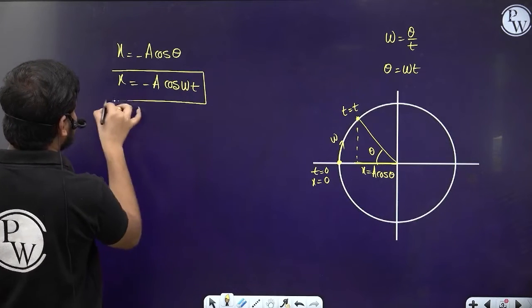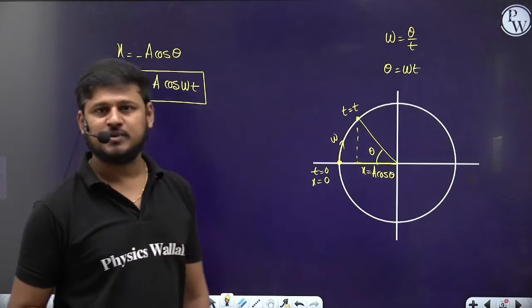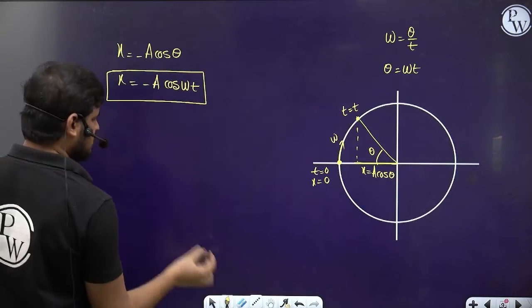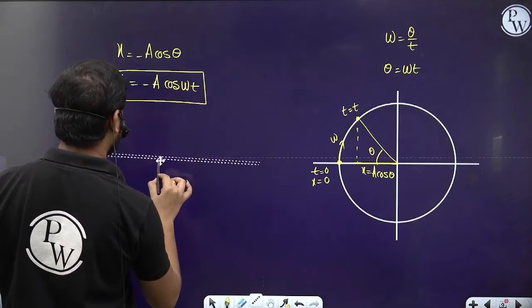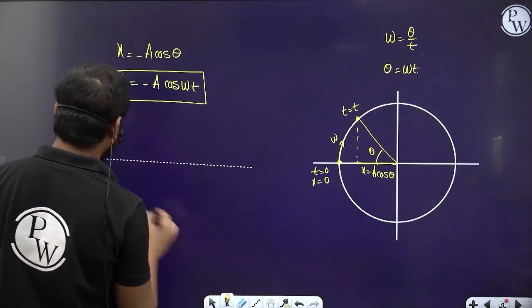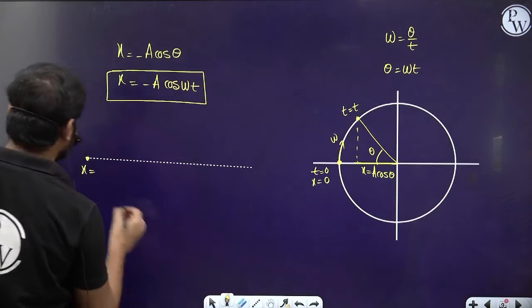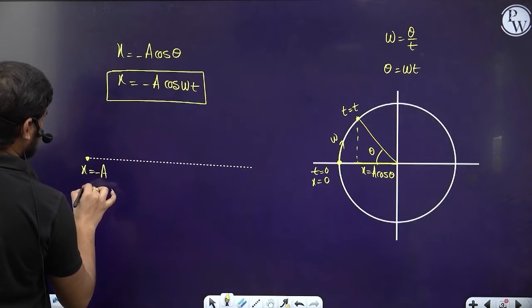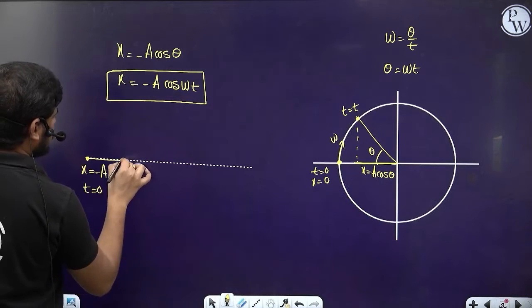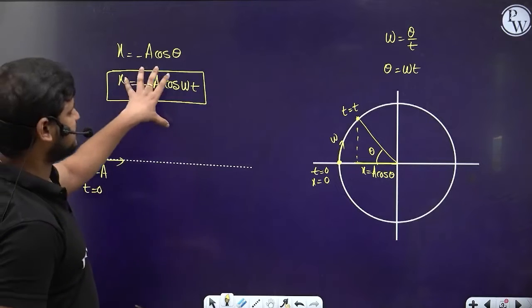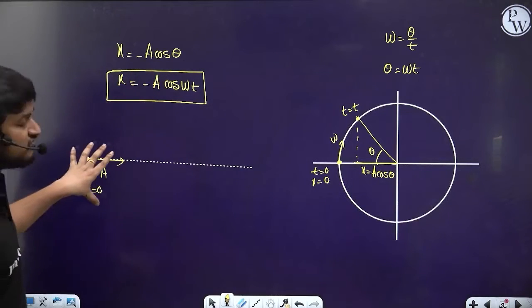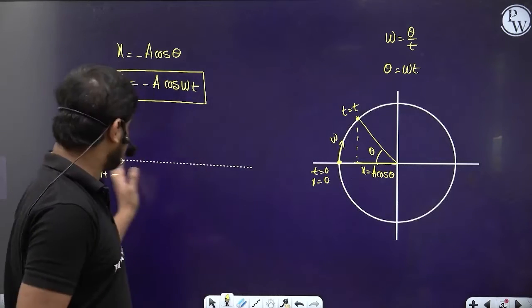So x is equal to minus a cos omega t. So what is this? This is an S.H.M, the particle performing S.H.M from the left extreme position at x equals minus a at t equals 0, towards the mean position. This is the equation of S.H.M equivalent to straight line S.H.M.